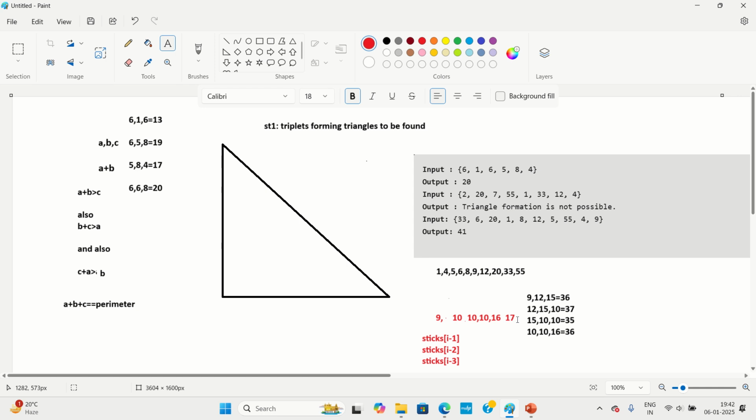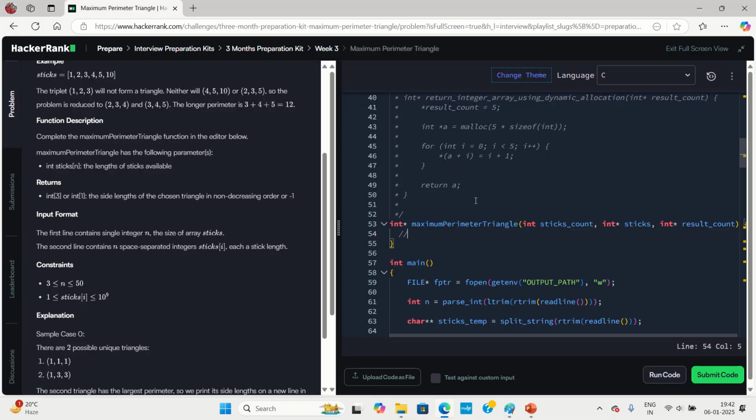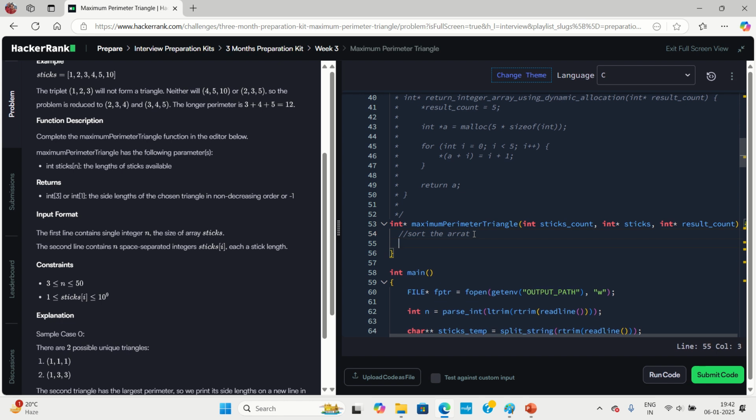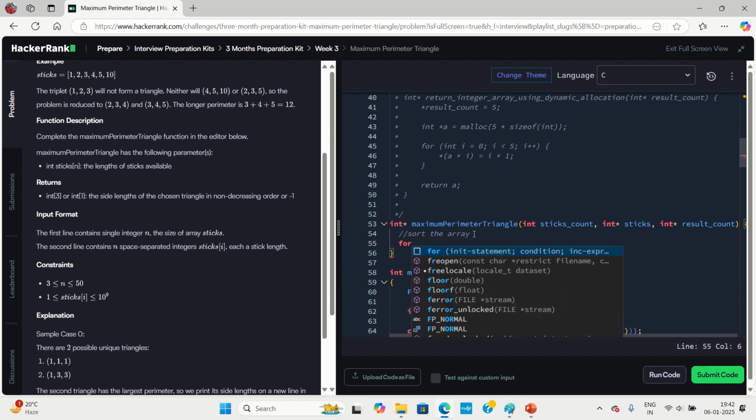If the triplet is forming a valid triangle, our algorithm will be like this. We are going to first sort the array. Let us use a sorting technique; we are going to use the bubble sort technique. What is the bubble sort technique?